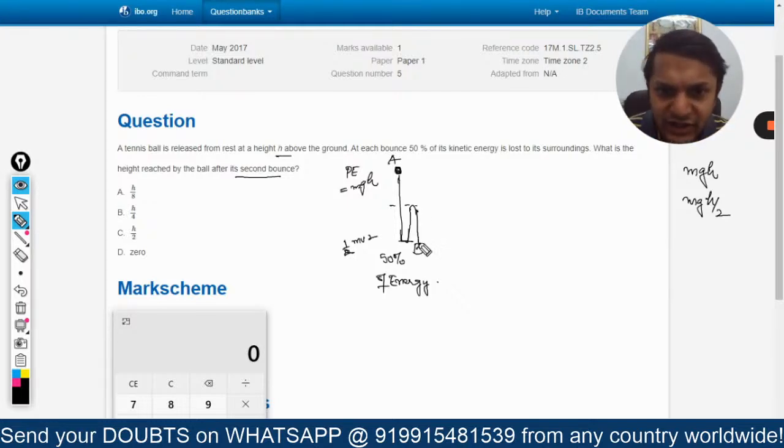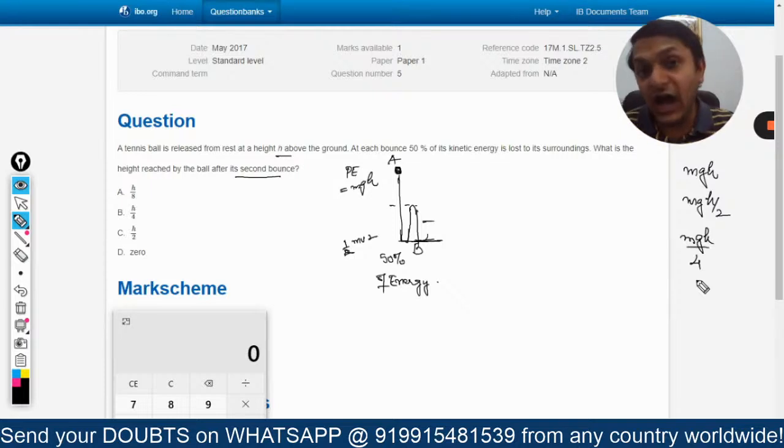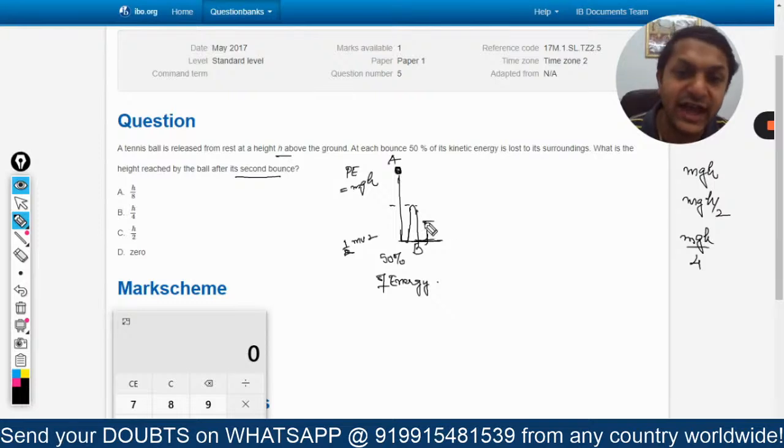Now it goes for the second bounce and it again moves up, and 50% of whatever energy it was having has been lost. So 50% of this will be mgh by 4, half of the half. It means now it will attain the height h by 4.